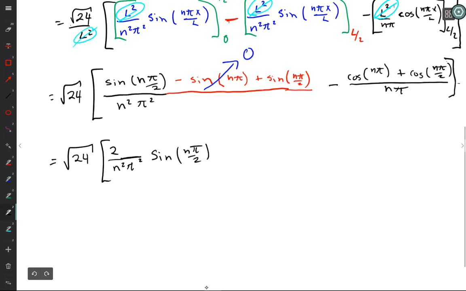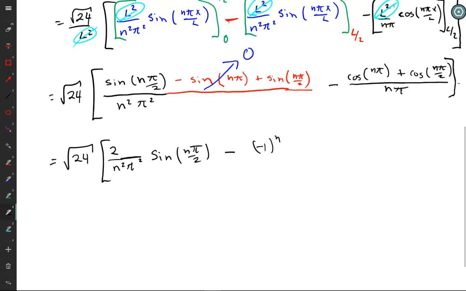And then I have minus cosine of n pi, which is going to be minus 1 raised to the n. That's one I can simplify now, because if n is 1, then it's cosine of pi, which is minus 1.